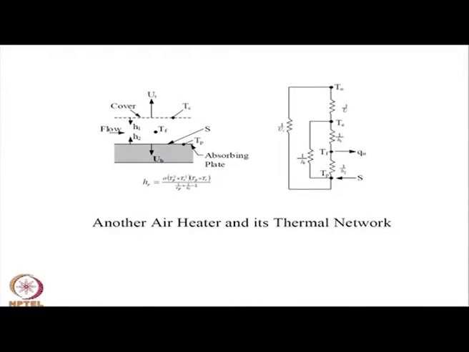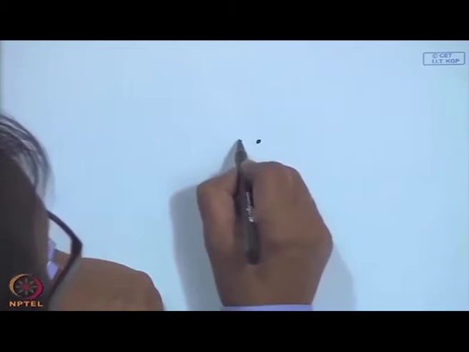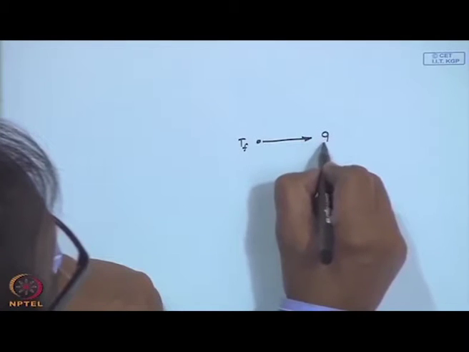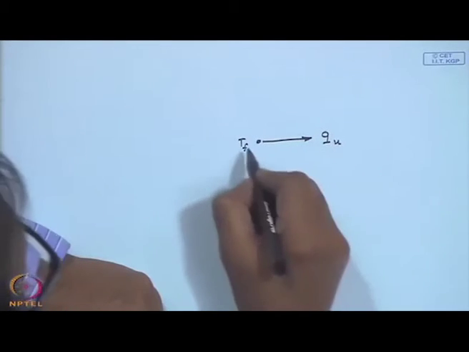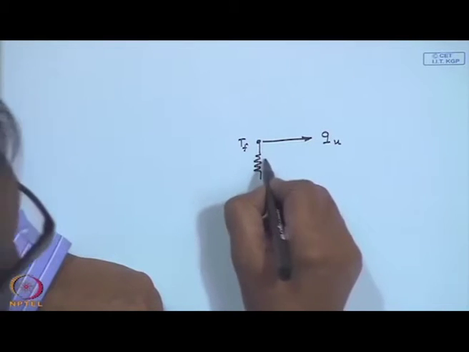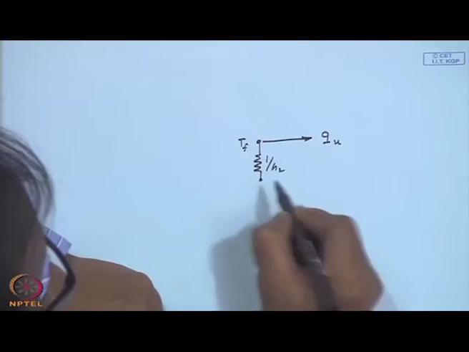So, how does the thermal network look like? Let this be the fluid temperature Tf, from which useful energy gain comes. Then we have 1 upon H2 as the resistance for convection to the absorber at Tp.